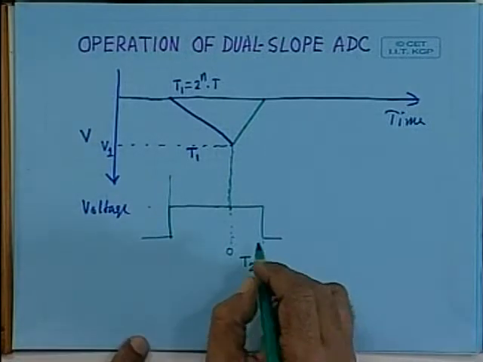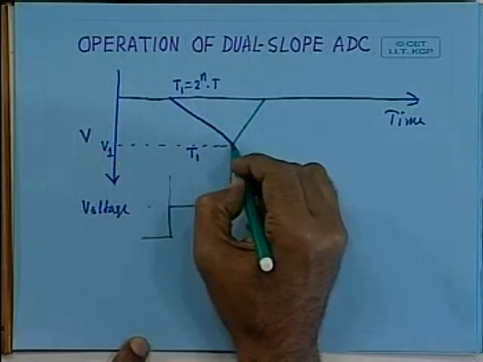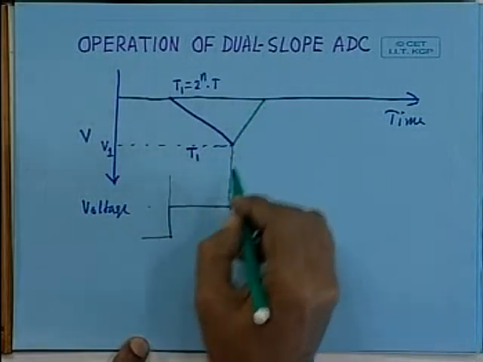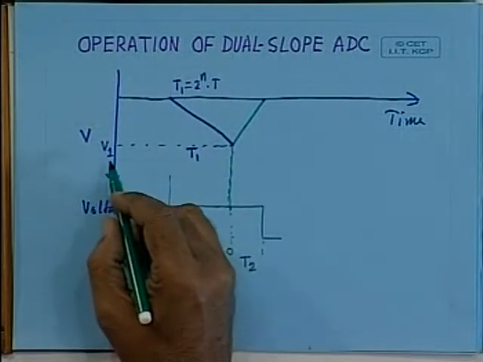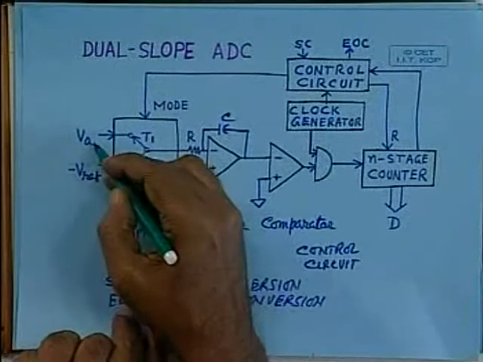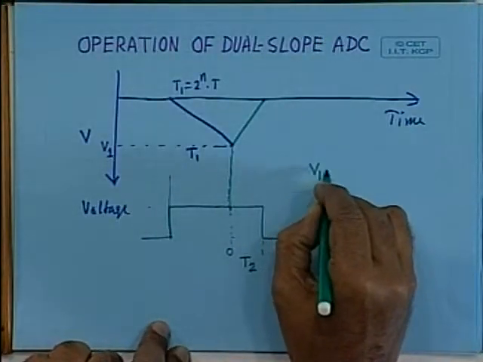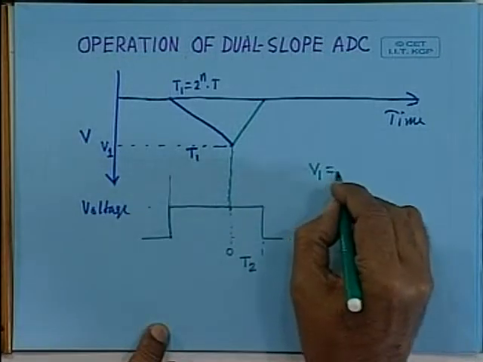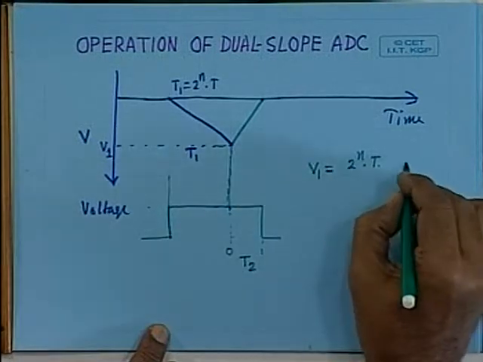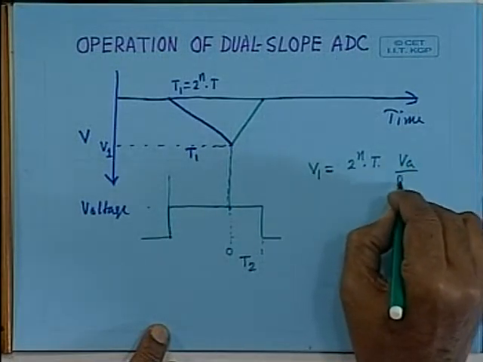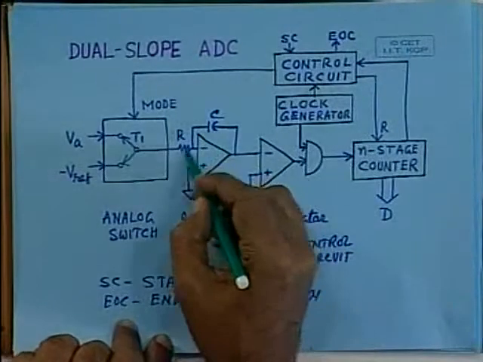So T2 is the duration for which the output goes from this positive voltage V1 to 0. Now let us find the relationship between this time T2 and the analog voltage VA that is applied here. V1 will be equal to 2 to the power n into T, that is the time, into VA by RC, because it's an integrator.